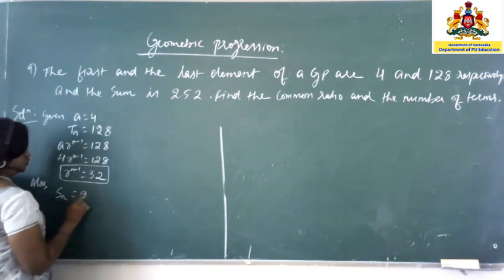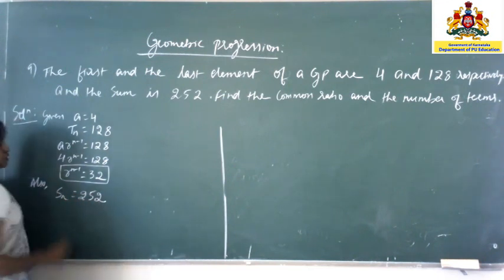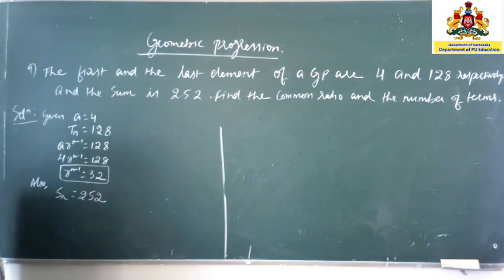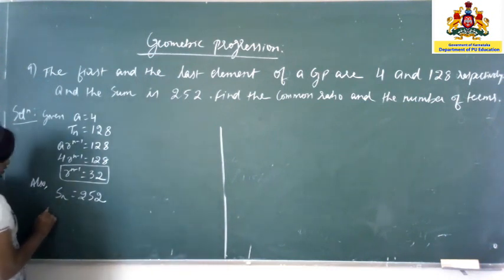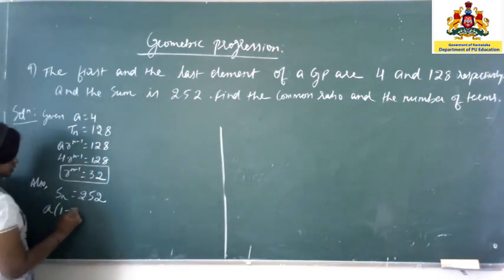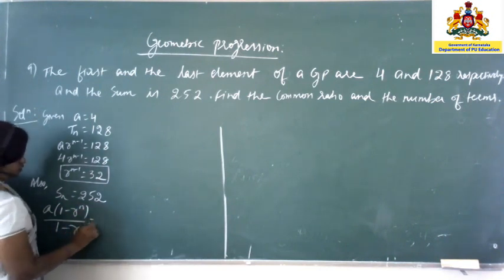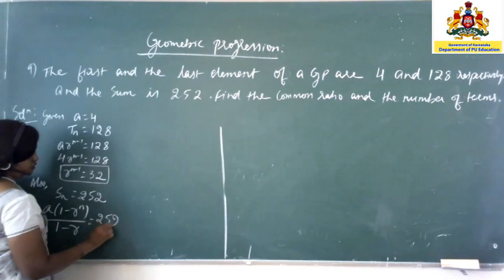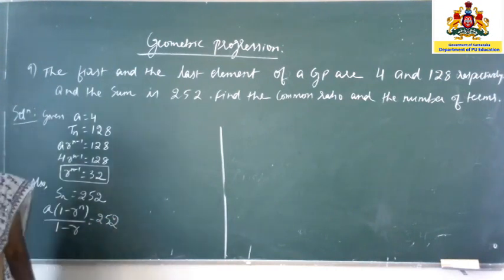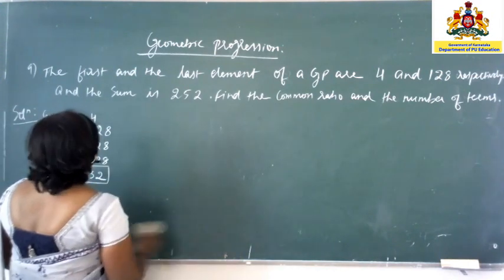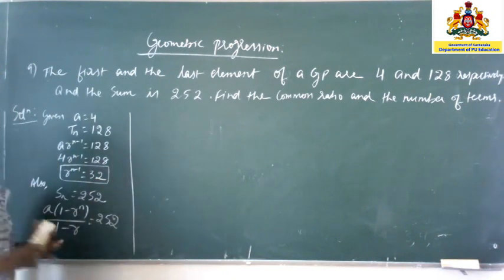Sn is A into 1 minus r to the power of n by 1 minus r is equal to 252. So A is 4.